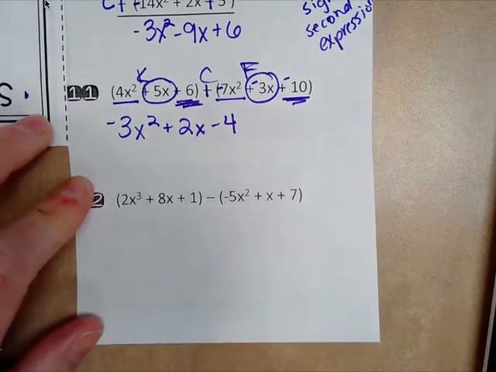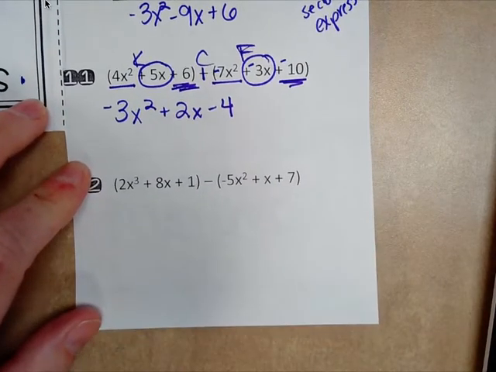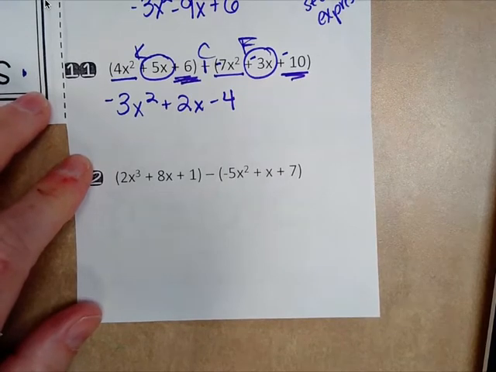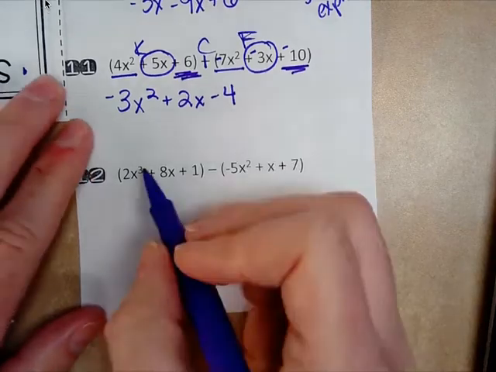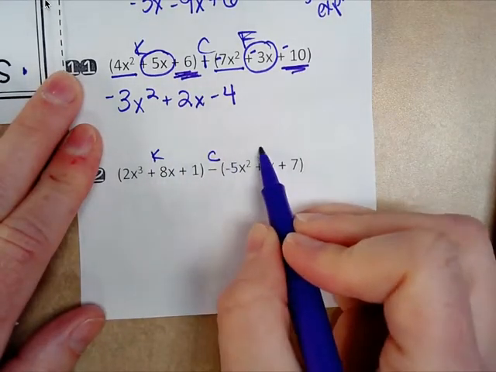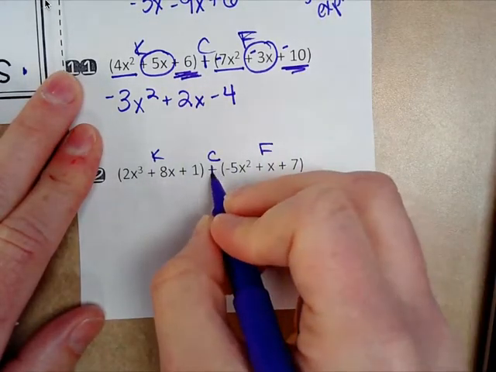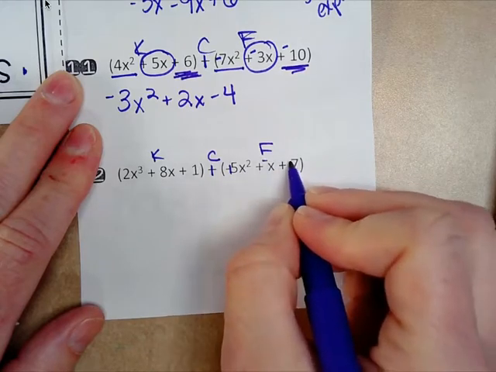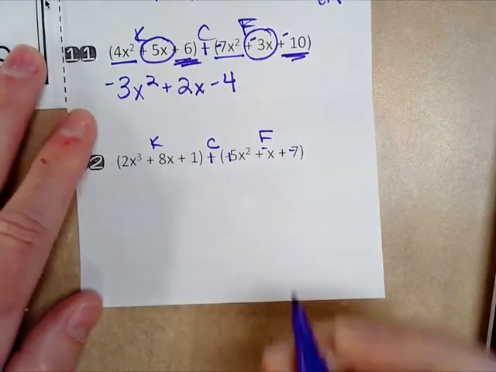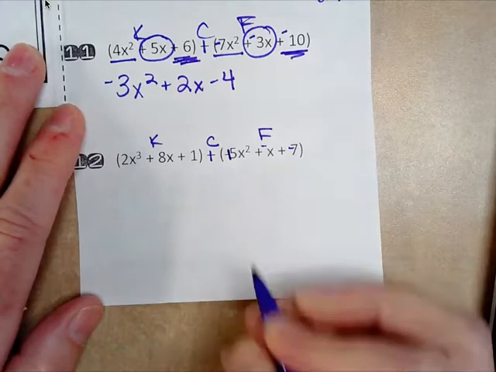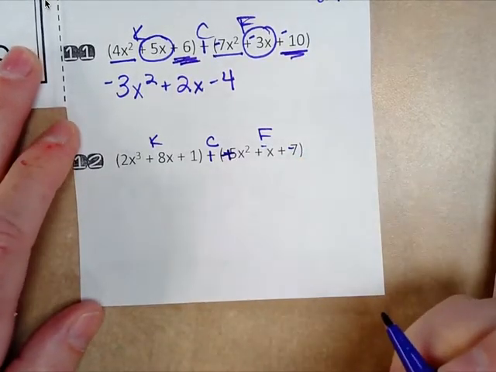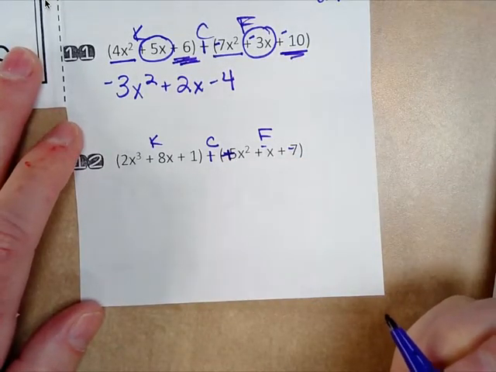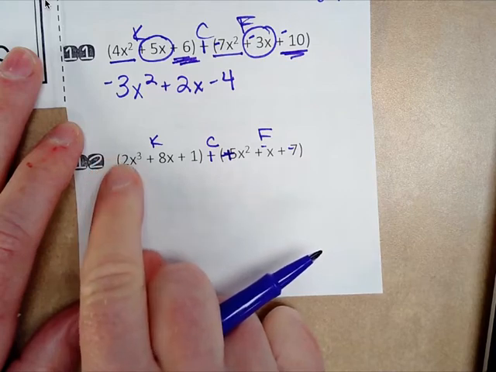Okay, the last one. 2x cubed plus 8x plus 1 minus a negative 5x squared plus 7x plus 7. So keep, change, flip. Okay, so the first one, does that have a match with anything?